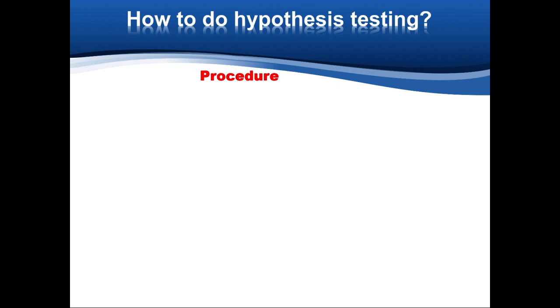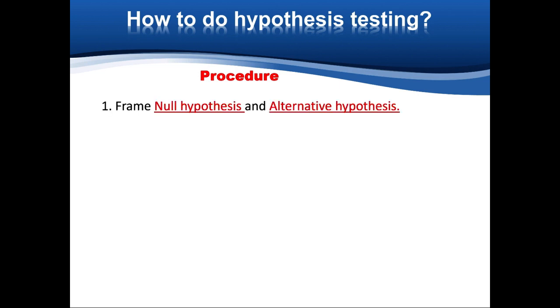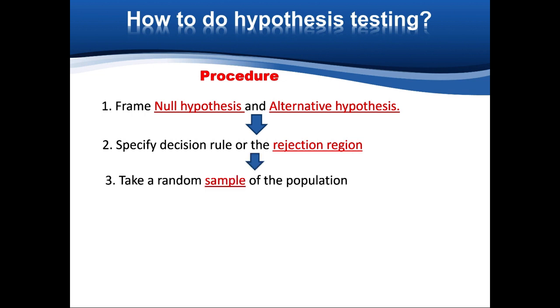Here is the procedure. Firstly, we need to frame the null hypothesis and alternative hypothesis. Then, specify the decision rule or the rejection region. After that, take a random sample of the population.